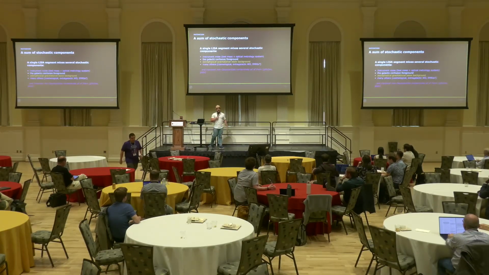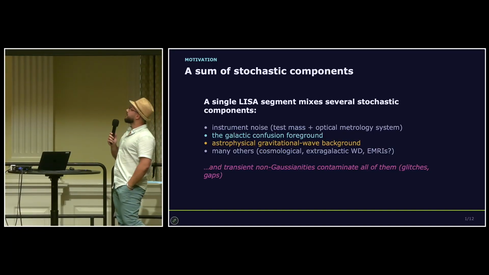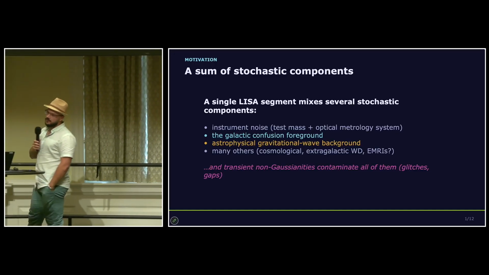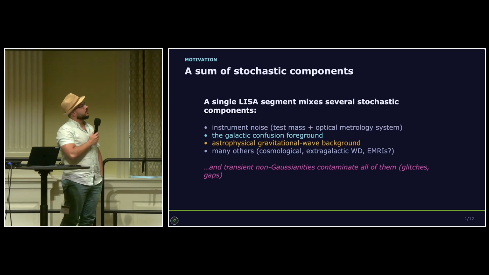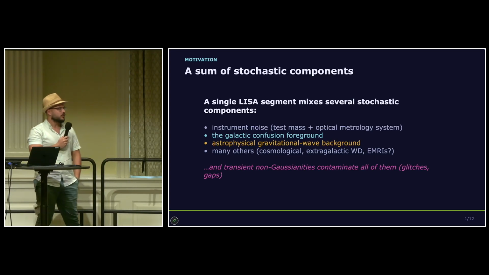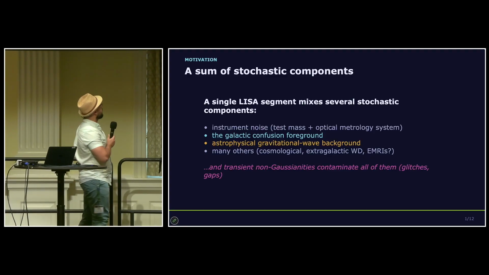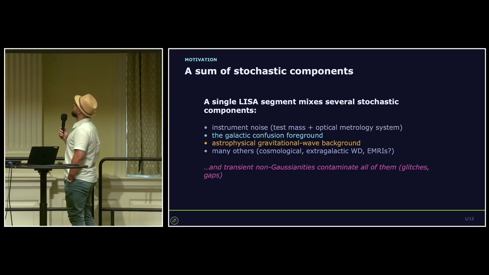So what's the point? If you're all in a stochastic session, I hope you know by now that there are a lot of different kinds of stochastic components superimposed in the LISA data. At the minimum, just like in the LVK, you have instrument noise, but you also have a big galactic foreground in the way, and those are the things that we're certain will be there, and probably many other friends, such as cosmological, that's the holy grail, extragalactic white dwarfs, EMRIs, some astrophysical component.